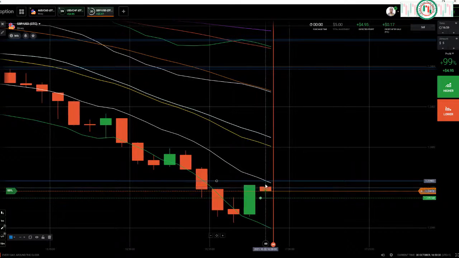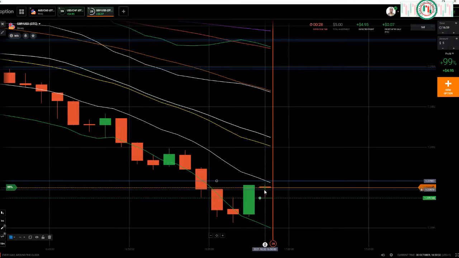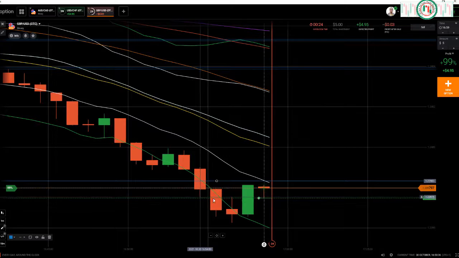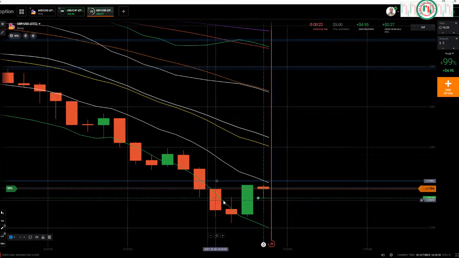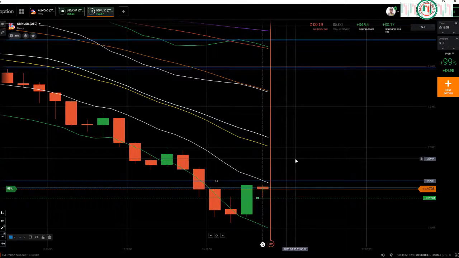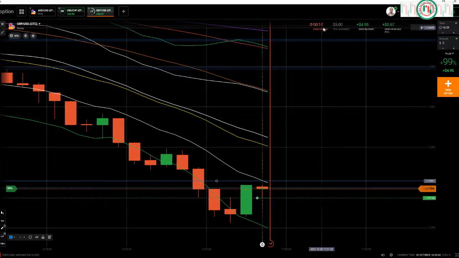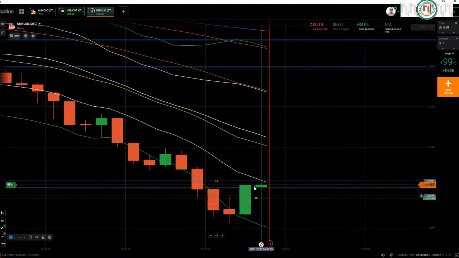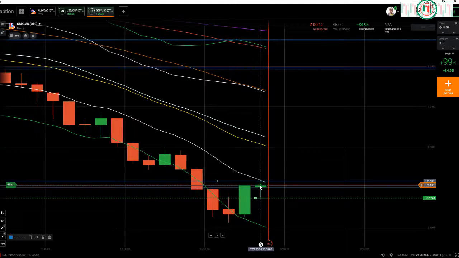You see, buys entry because of the rejection from this level, and you see this is a strong level. So we have 17 seconds, and it must be a weak candle.